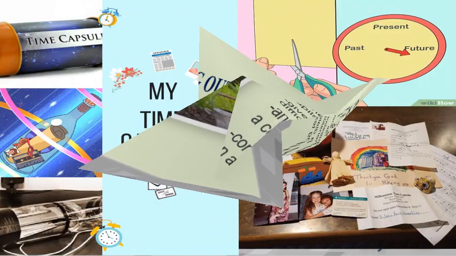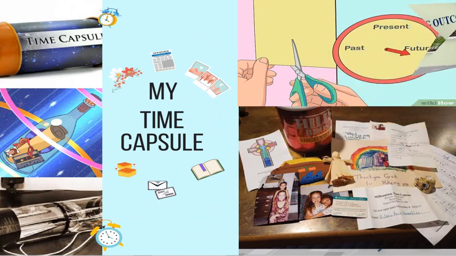Here are a few examples of time capsule. So what is a time capsule? A time capsule will show people in the future what our life is like right now.